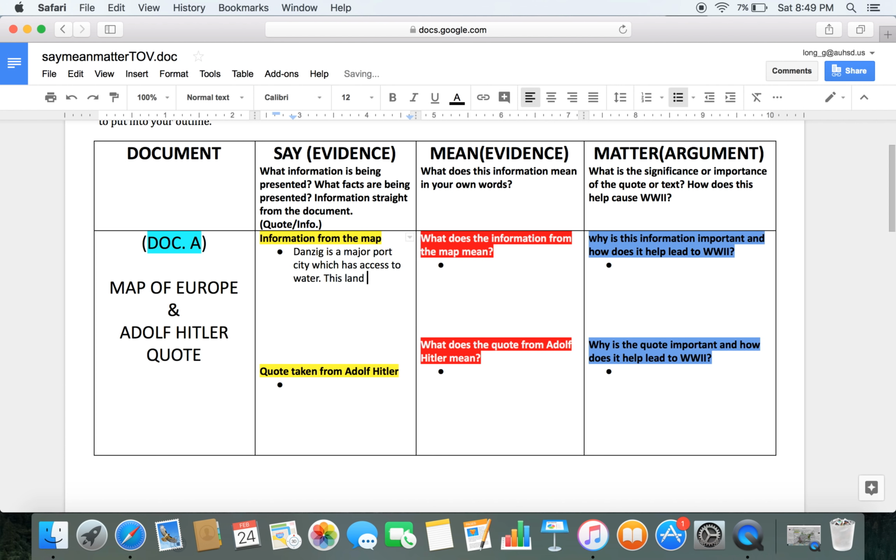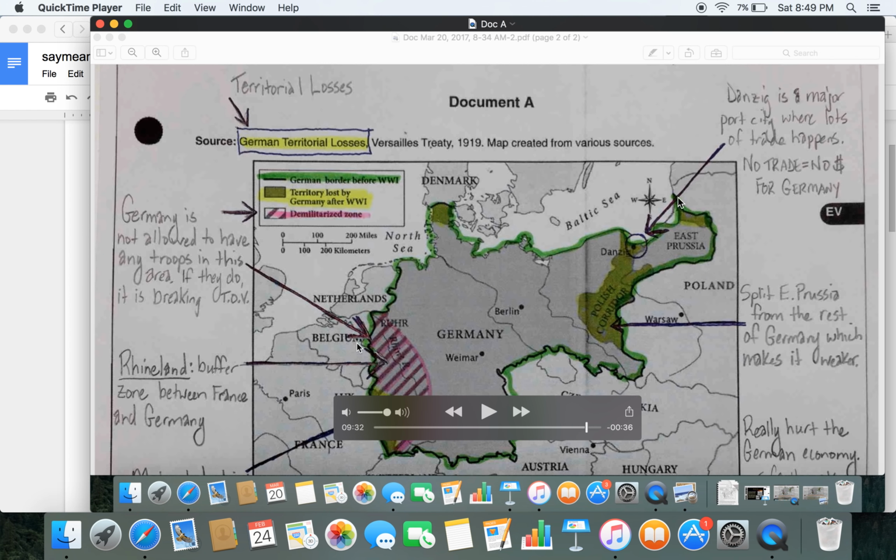This land is taken away from Germany because of the Treaty of Versailles. That's it. That's all you need to write. Okay? It's just information. It's just what I'm looking at when I take a look at this map right here and I'm focusing on Danzig.